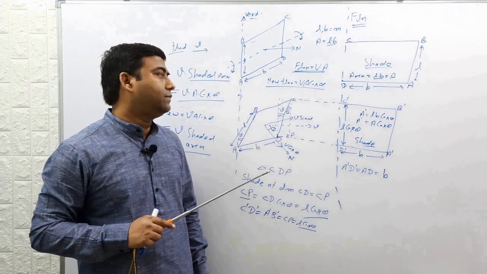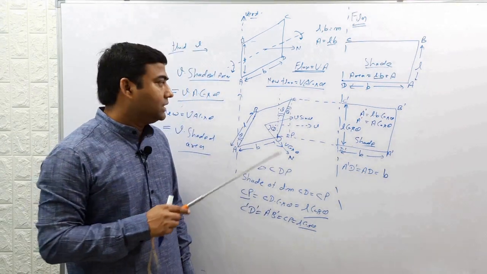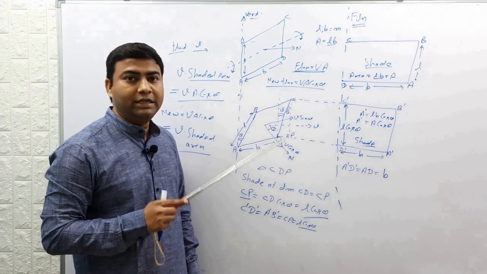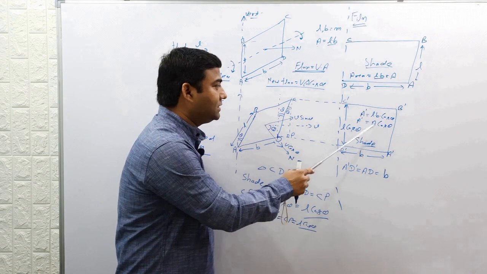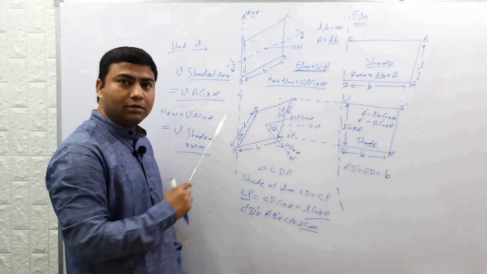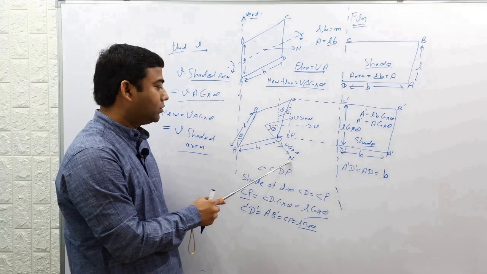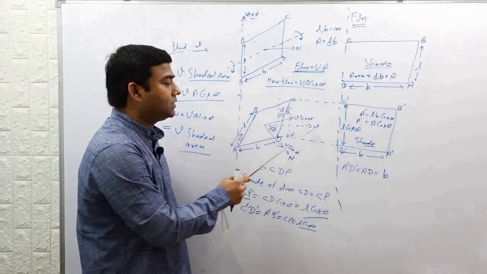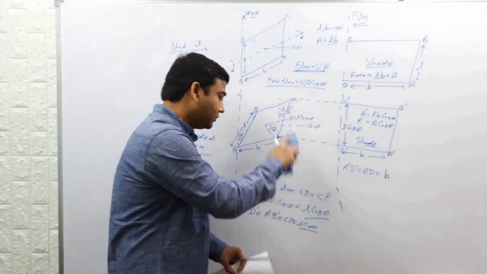Or it can be found by the shaded area method, where shaded area is always A cos theta, where A is the area of the actual shape and theta is the angle between the normal to this shape and the physical vector quantity. So this is one method.